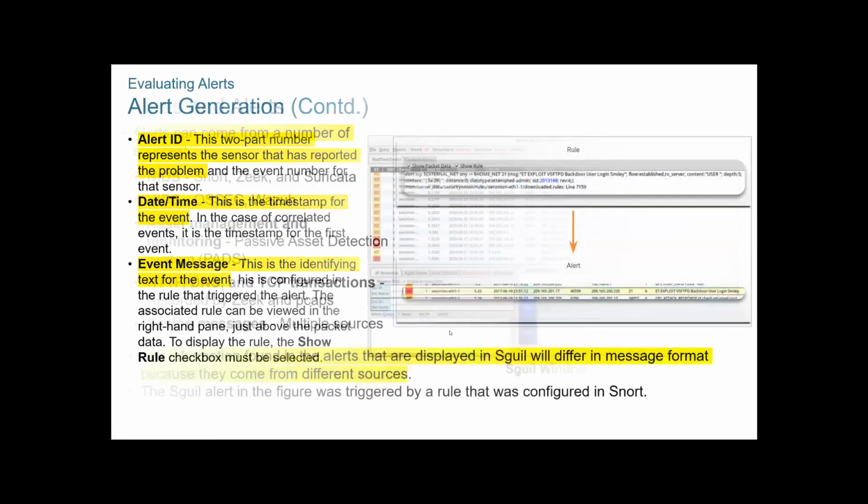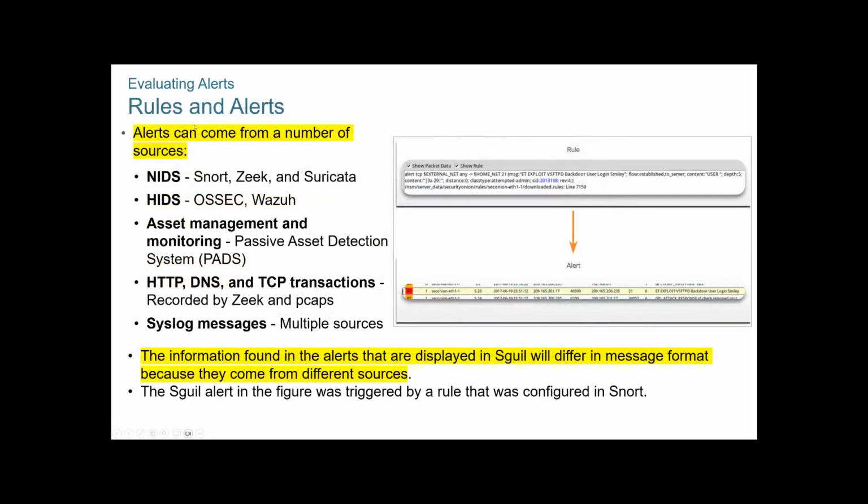It's kind of endless. Those alerts can be from a network IDS, intrusion detection system, could be a host intrusion detection system. Maybe it's just asset management monitoring. Could be HTTP, DNS, TCP transactions that are recorded by other packet capturing software.